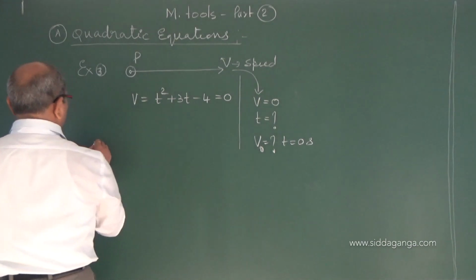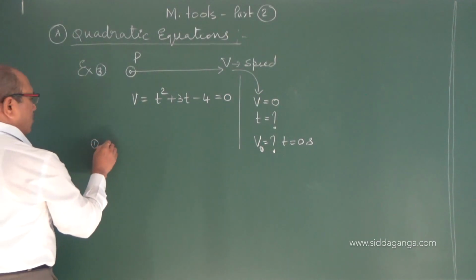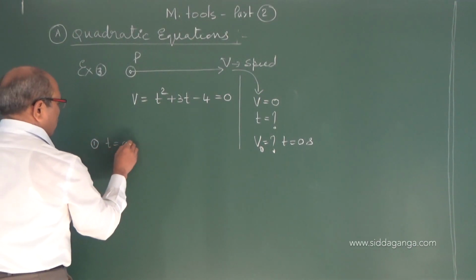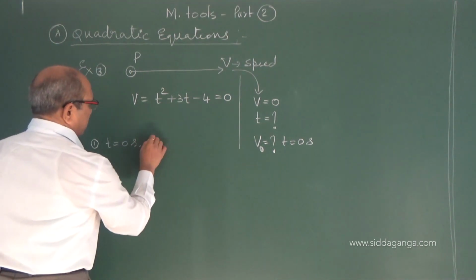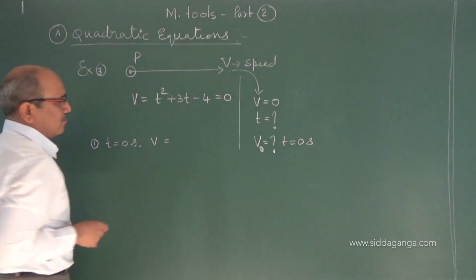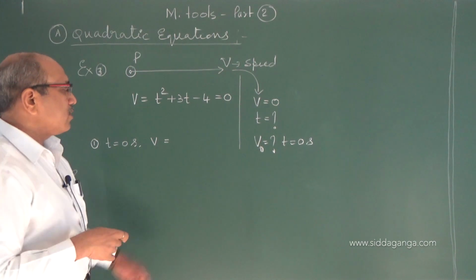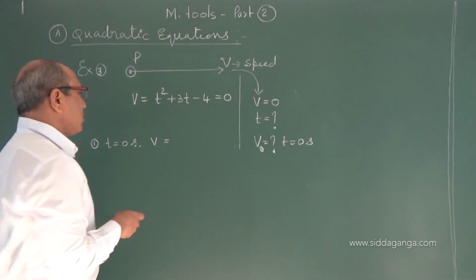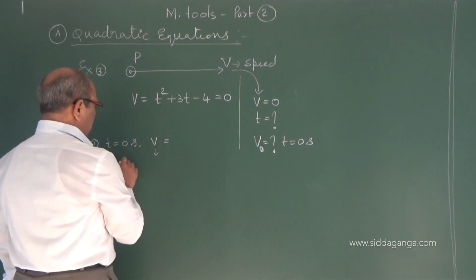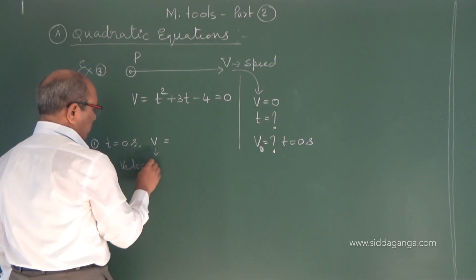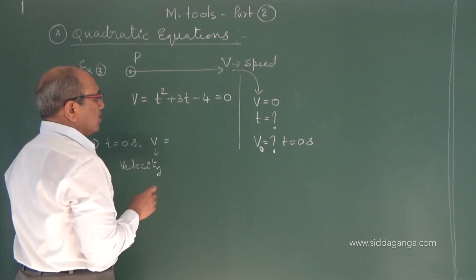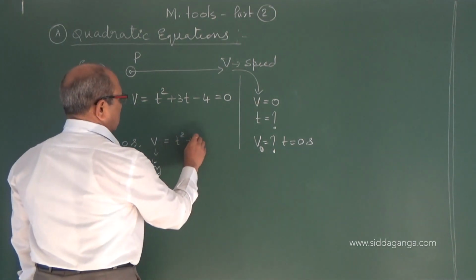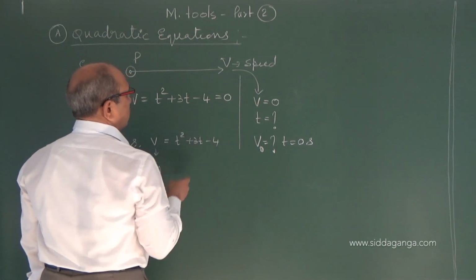In the first question, if I take t equal to 0 second, what is the speed asked? What is the velocity? Because a minus term appears, we use the minus. Velocity of the particle is t square plus 3t minus 4.